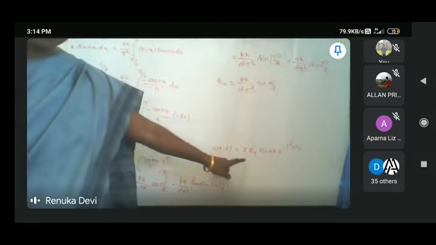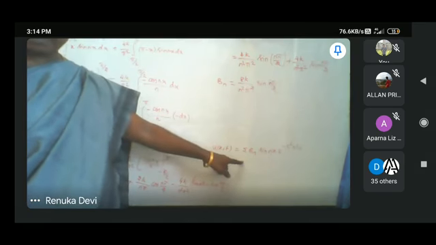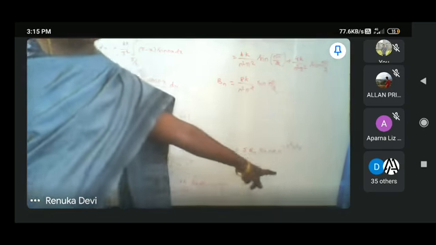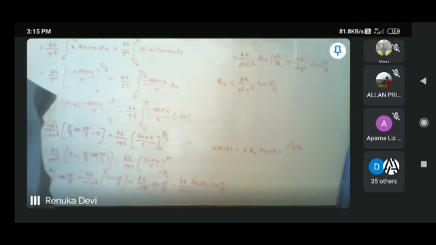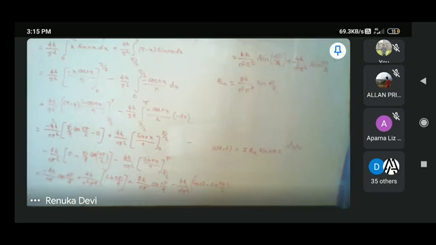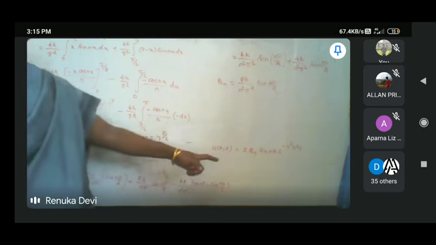Is this equation 7 or 8? Do you follow or not? Are you writing? Do you understand? This is equation 8, I think, isn't it?